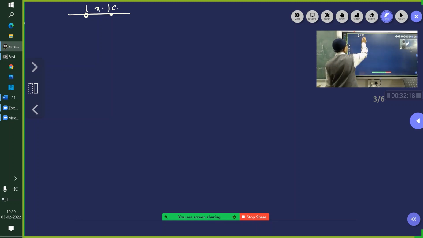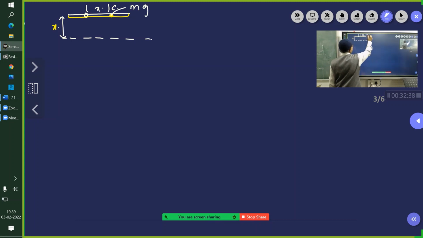So now I will take this as the reference line at a distance x from top. Now if you think that the entire mass of the rod is concentrated at the center, m, then its potential energy is mgx with respect to this reference.